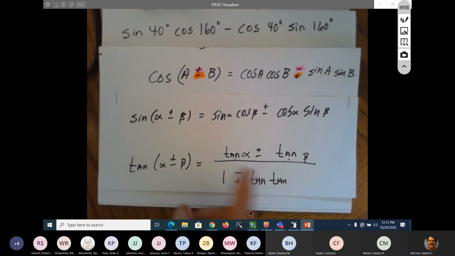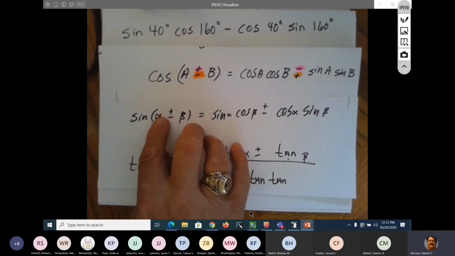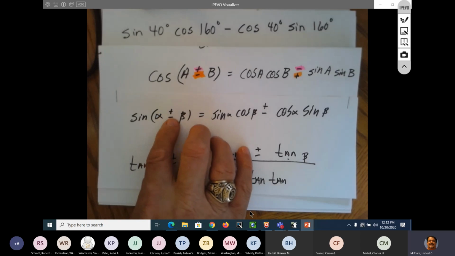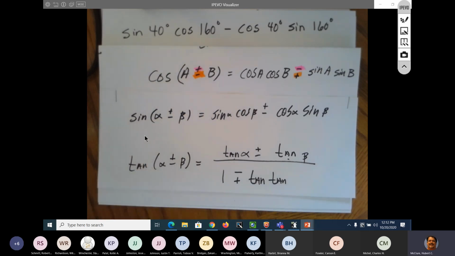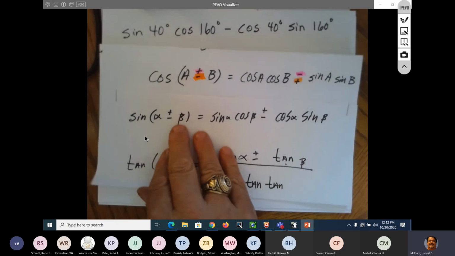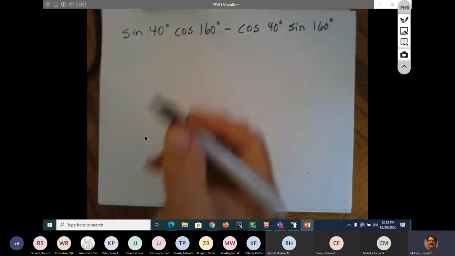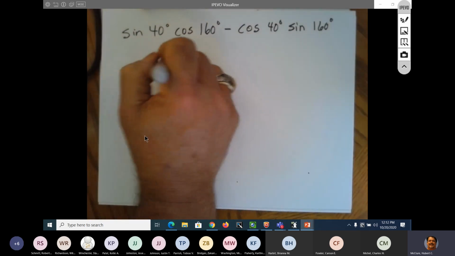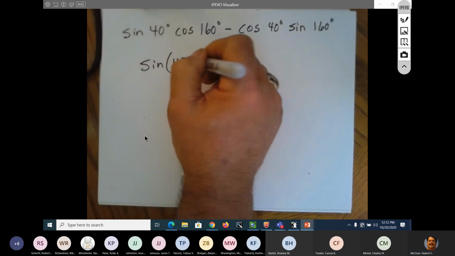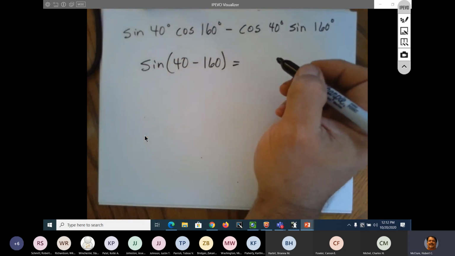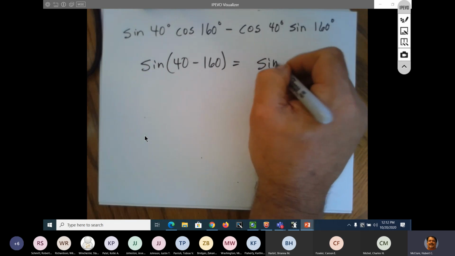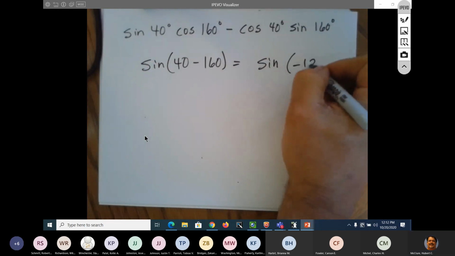Yeah. So that's the sine of 40 minus 160, and that's equal to sine of negative 120.